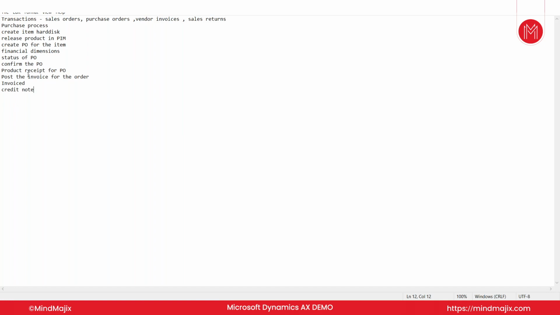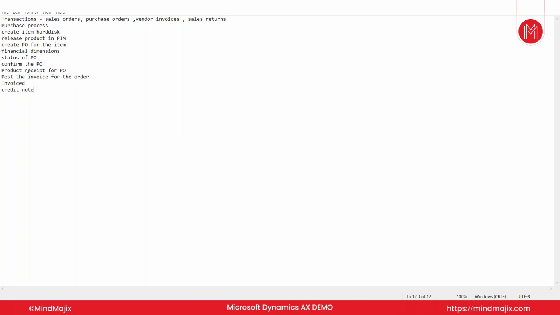We will also use item model groups. These item model groups are used to define inventory issues and inventory receipts.